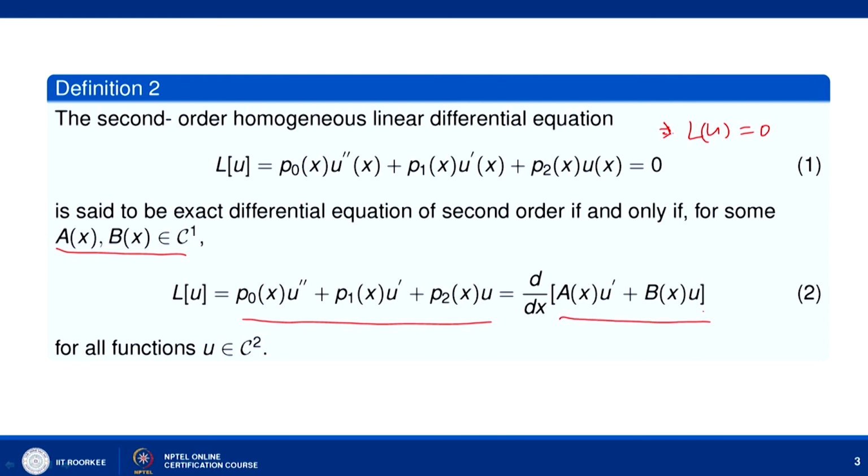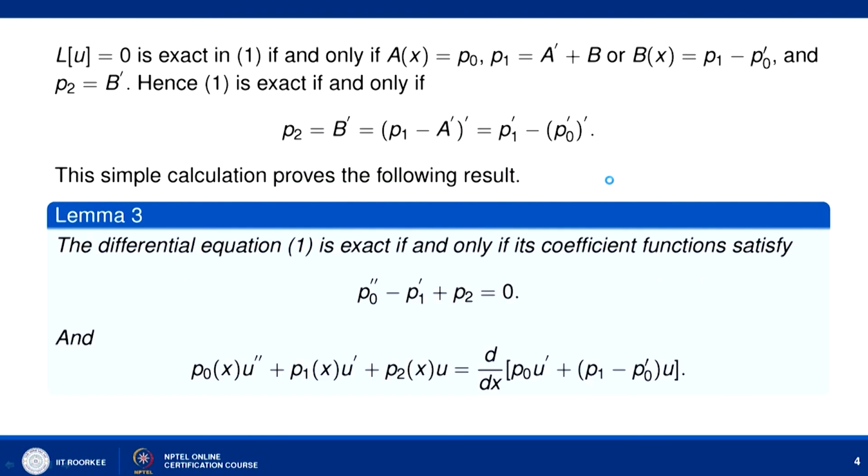So if we can write the term p naught x u double dash plus p1 x u dash plus p2 x u as the exact derivative of some differentiable form of one less order, that is first order, 2 minus 1, then we say that this equation L u equal to 0 is an exact differential equation. So L u equal to 0 is exact if and only if we have this relation.